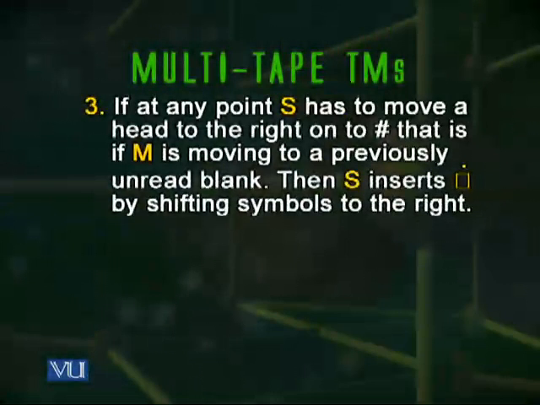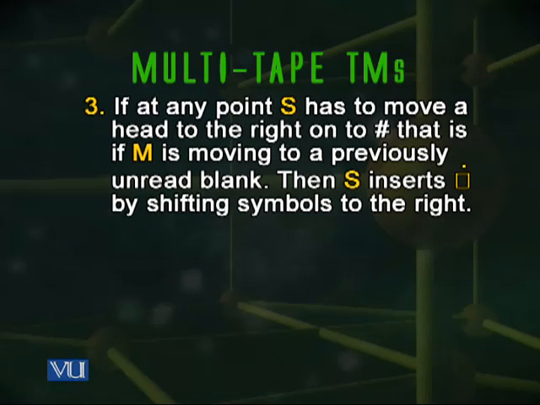So by placing dots on the symbols, the machine S has created virtual heads and therefore it can simulate the behavior of the machine M. If at any point M has to move a head to the right of a hash sign, that is, M is moving to a previously unread blank, then S inserts a box with a dot on top of it by shifting all the symbols to the right.